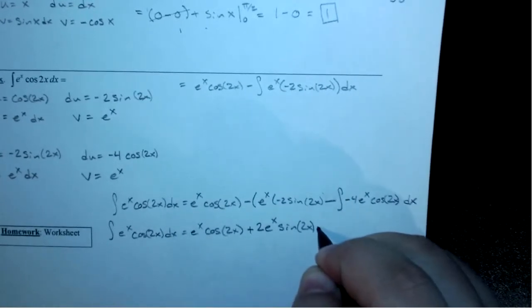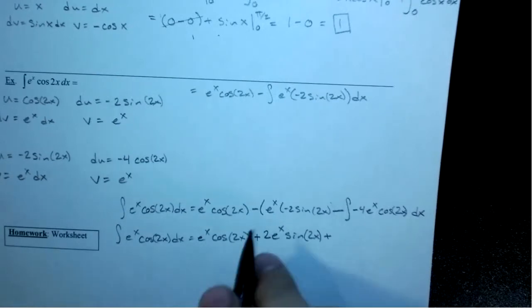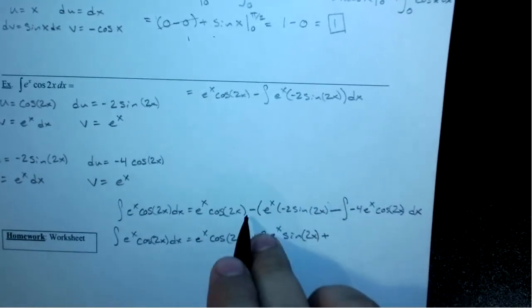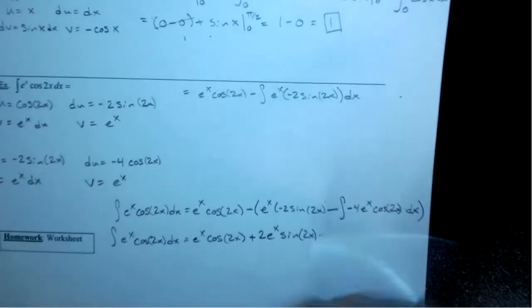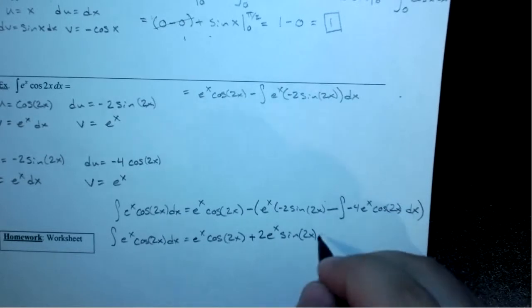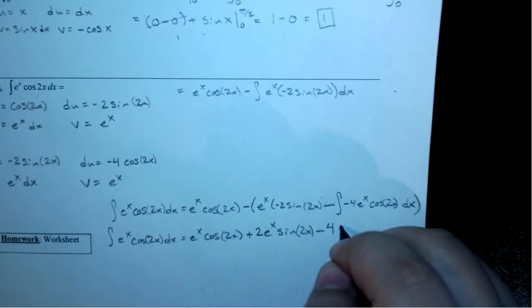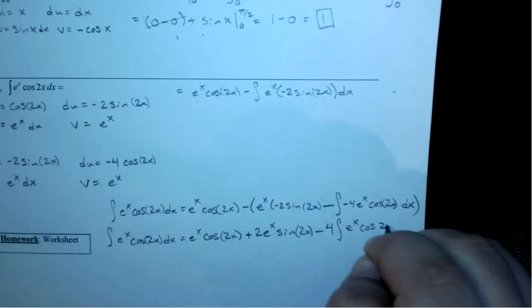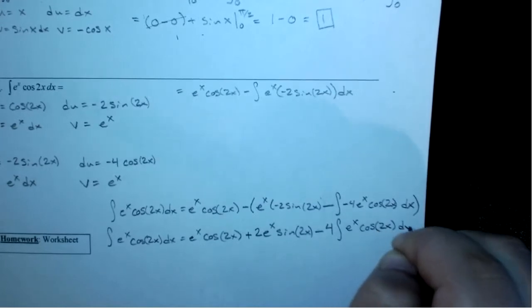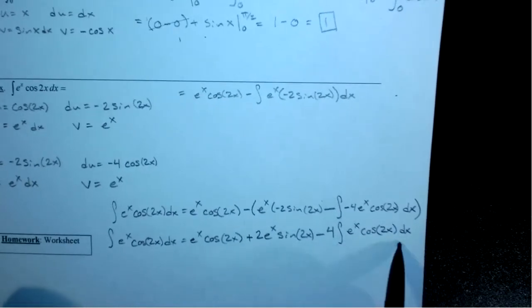And here I'm going to say my plus 4, but then we have a negative out here. So negative, negative, negative gives us negative 4. I'm pulling out the 4: integral of e to the x cosine of 2x dx. And at this point, if you haven't noticed it yet, wait a minute, we have the same integral we started out with.